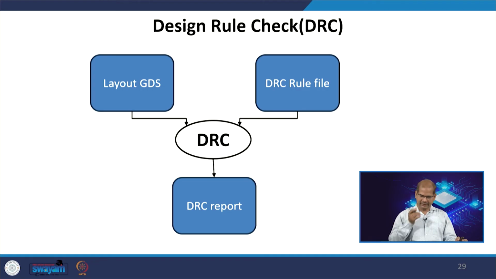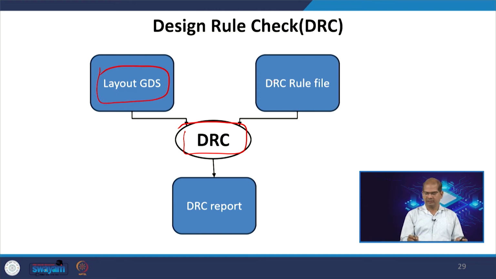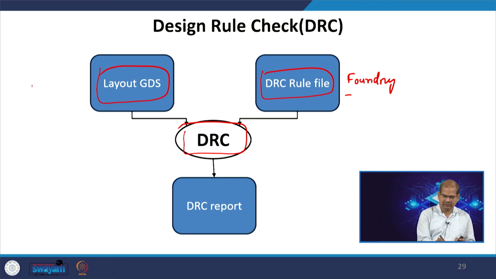So, let us take what the inputs to your DRC tool are. One is the layout GDS and the other is your DRC files coming from the foundry. Obviously both are technology specific. Then you have the layout, which is coming from the layout designer.